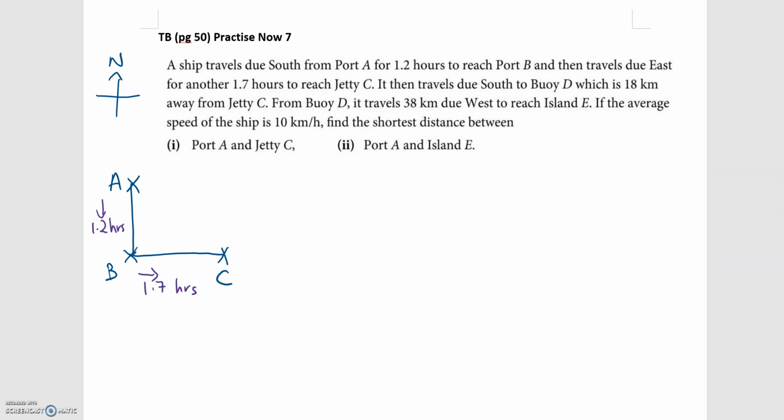And since I have due south, due east, the other piece of information that I will get is that I have a right-angled triangle here. ABC is a right-angled triangle.